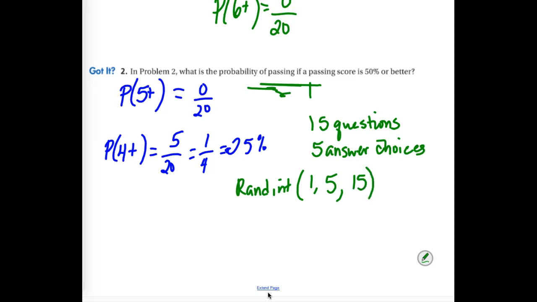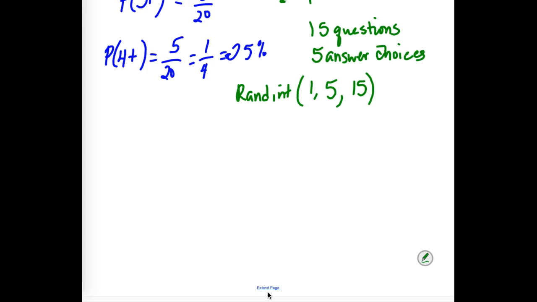So I could do that. And again, if this was my homework question, I would have to generate 20 trials all by myself. The most common thing is students forget how many they've done. So what I would do, if this was asking me for the probability of, say, 5 or more correct, representing passing, I would just make a tally chart.